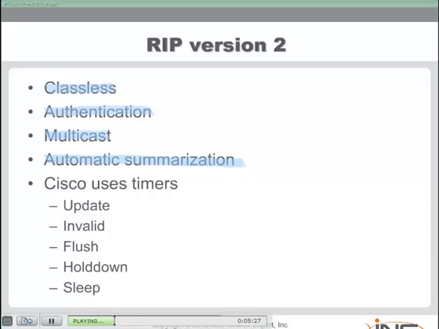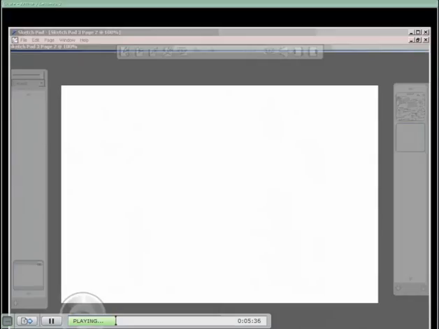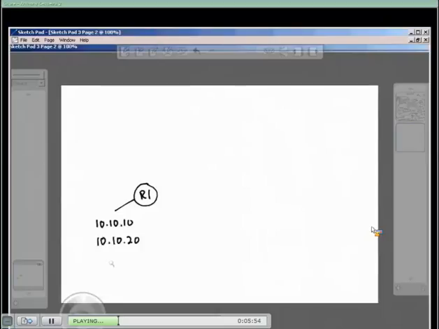Let me go ahead and explain this automatic summarization behavior. And as a matter of fact, let's cover a real problem that this automatic summarization behavior can instill into one of your designs. Watch this situation. If we have some router like R1 here, and R1 can connect to, let's say, 10.10.10.0, 10.10.20.0, 10.10.30.0.